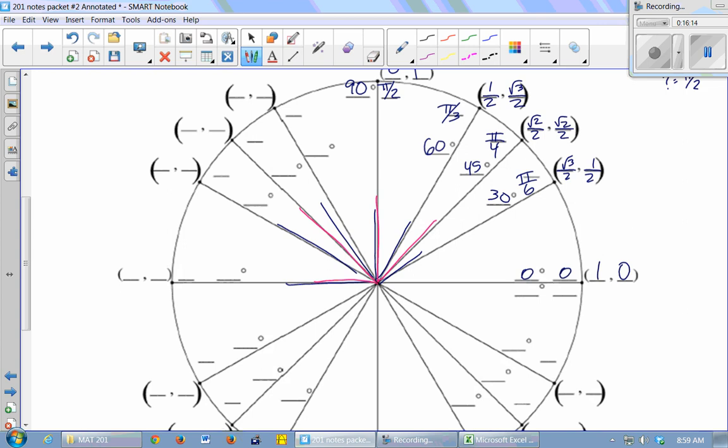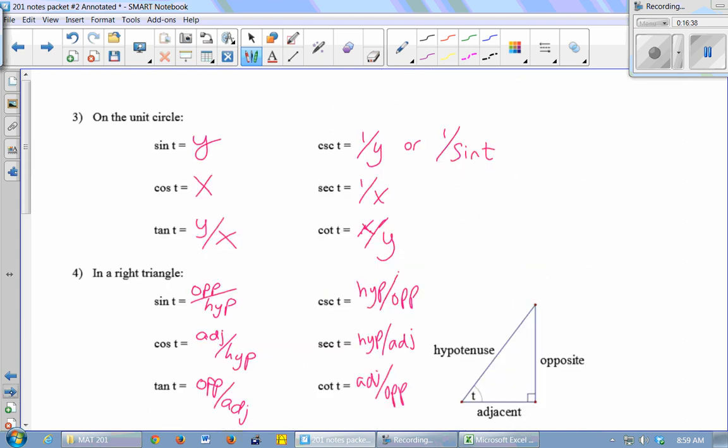So what is it? This is 1, 2, 3, 4, 5, 6, 7, 8, 9, 10 pi over 6, or 5 pi over 3. So pi over 3 and 5 pi over 3 both have an x coordinate of 1/2. That means that the cosine is 1/2 at those two angles, pi over 3 and 5 pi over 3.